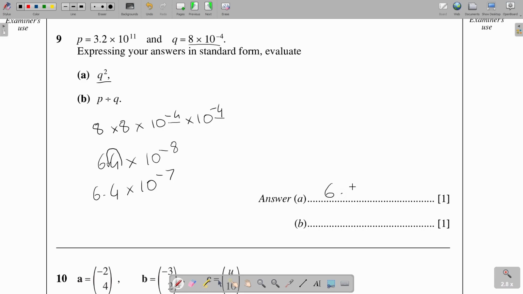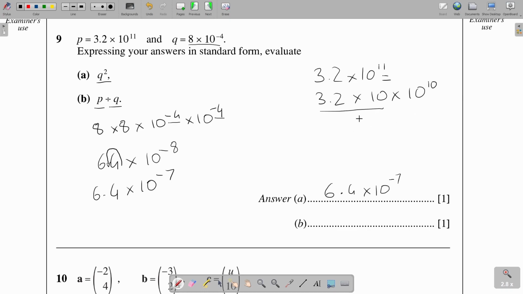So 6.4 into 10 to the power of minus 7. All right, now we have P divided by Q. So P is 3.2 into 10 to the power of 11, which we can also rewrite as, if we take 10 out of this, we can also write this as 3.2 into 10 into 10 to the power of 10, right?